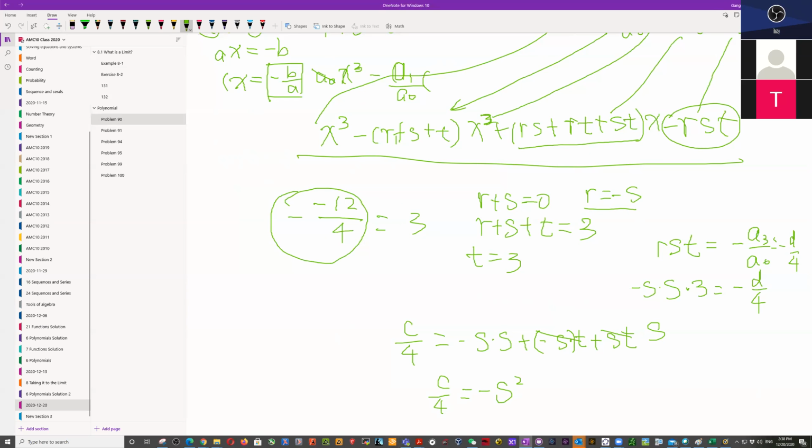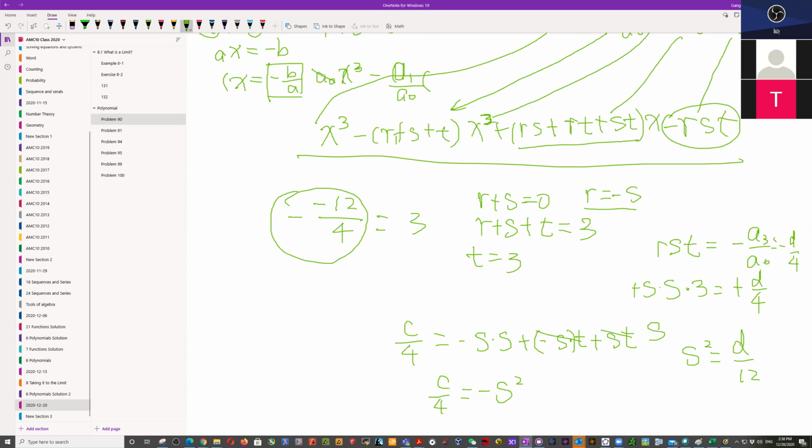And here is D. We multiply negative 1 on both sides, and we will get this. So S squared equals, dividing by 3 on both sides, D over 12.